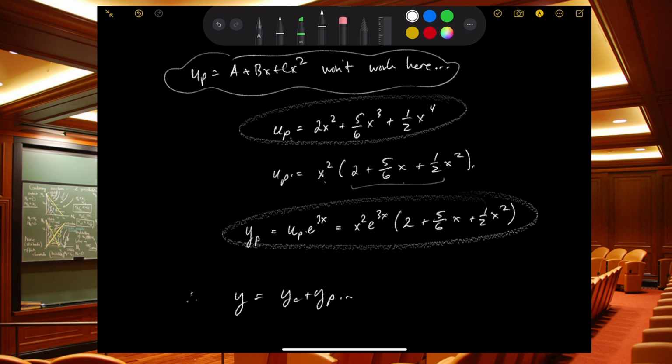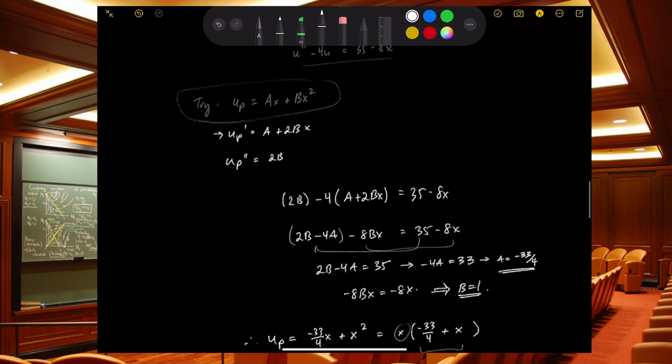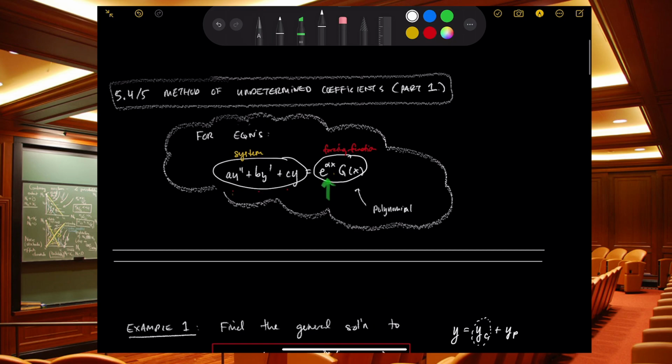And now you've seen the 3 different cases for this type of equation. When you have an exponential times a polynomial, if this guy is a solution to the homogeneous equation, just with a single root that this alpha satisfies, then it's going to be bumped up by a power. If both of these are solutions, it'll be bumped up to x squared.